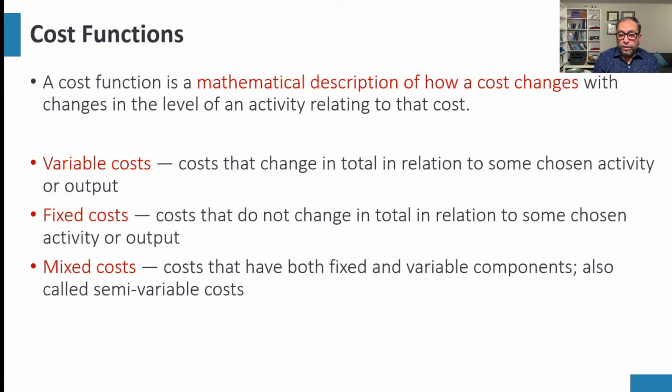So these are the three costs. And when we try to mathematically describe how a cost changes over a number of outputs, we want to develop a relationship: there's a fixed cost, there's a variable cost, and as the output increases, how are they behaving, how are they changing?